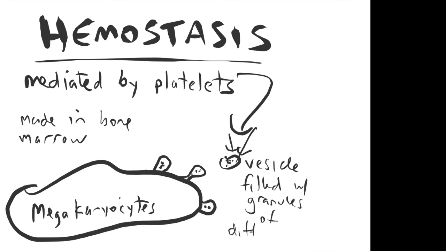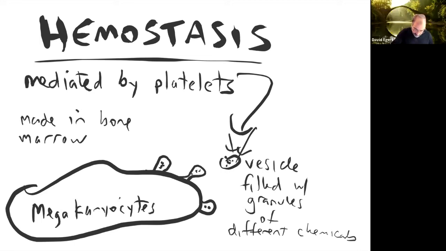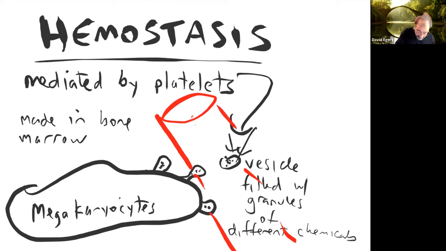So the platelets are made in the bone marrow, and the megakaryocytes are in the bone marrow. Correct. Okay. So basically, here's your bloodstream. This would be a sinusoidal capillary in the bone marrow.